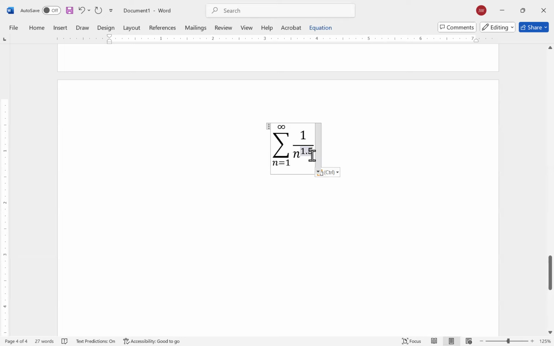What if we just had 1 over n to the first power? In that case, my function would be 1 over x. Again, that's decreasing and continuous and positive. When I did the integration from 1 up to infinity of 1 over x, the antiderivative of 1 over x is natural log.